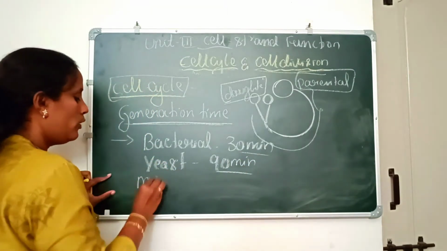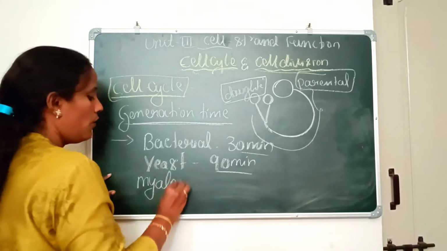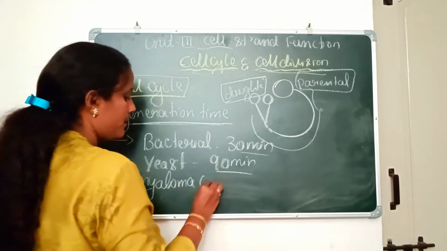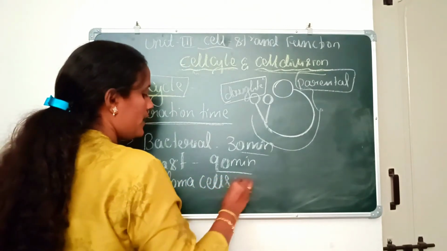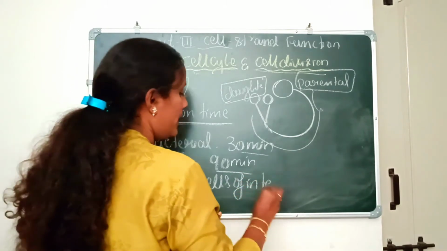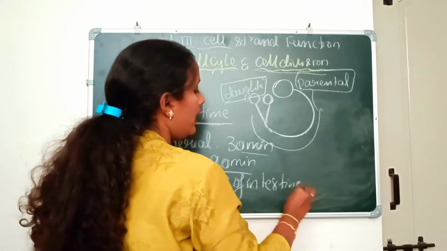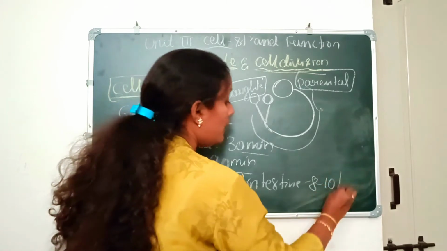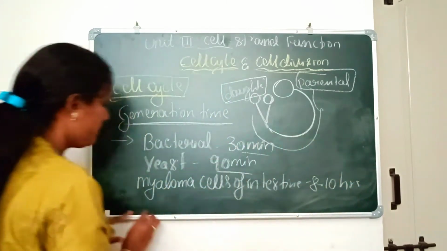And the myeloma cells of intestine, they require 8 to 10 hours to divide.